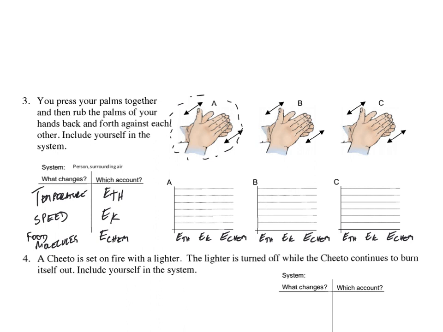All right, so we've got these three accounts, and we'll go through them one at a time. Let's go with the easy one first: the kinetic energy account. We know that the kinetic energy is constant because if you look up here at the arrows, we've got the same speed in all of these drawings.